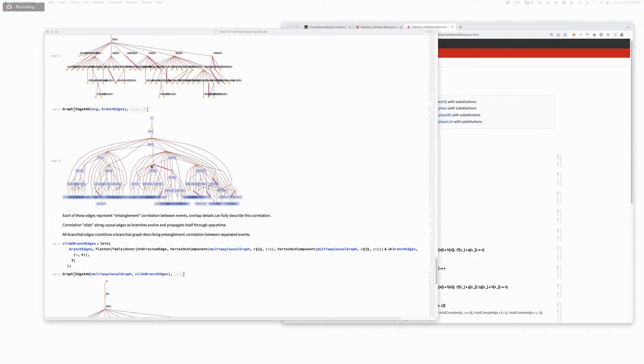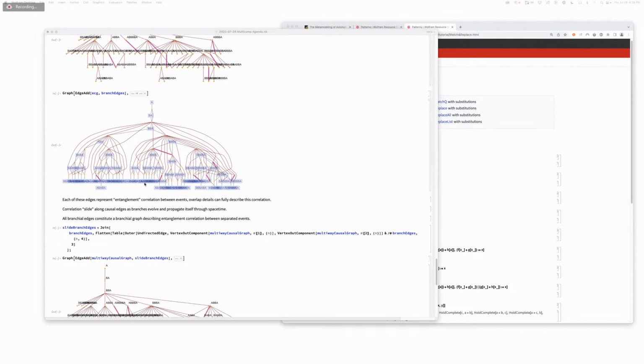So this is some version of quantum, this is a non-spatial relationship between two events. Yeah, okay.